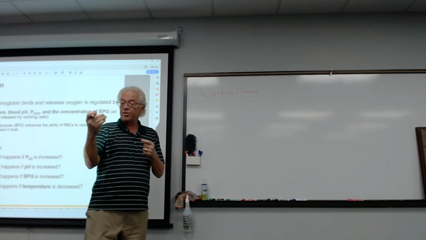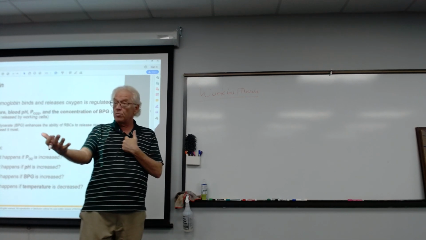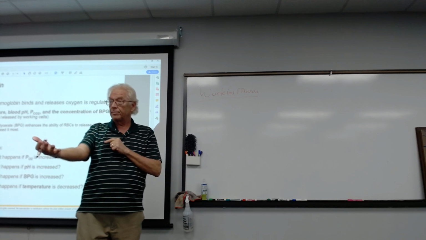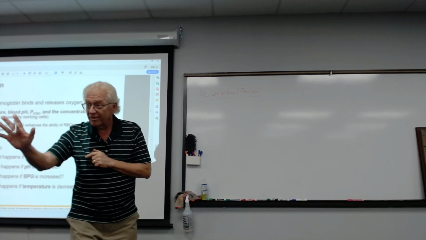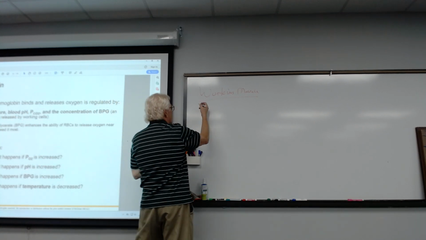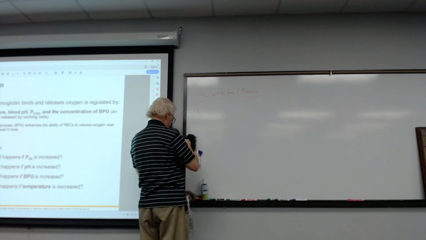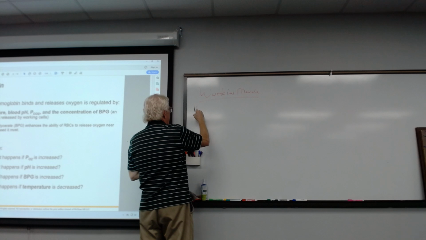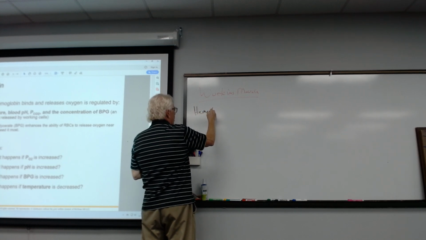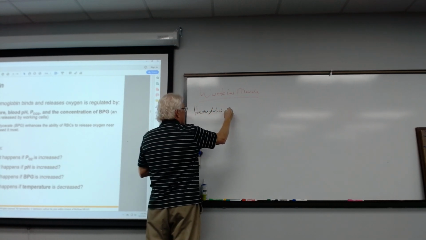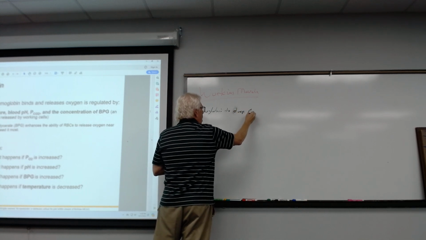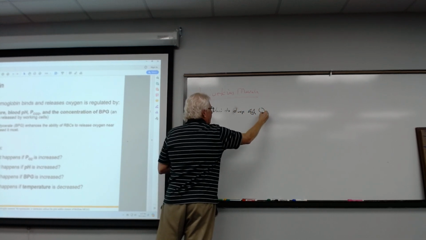Do I want oxygen to come from my muscles to my blood, or from my blood to my muscles? From your blood. Right, okay. So I want my hemoglobin to drop off oxygen.